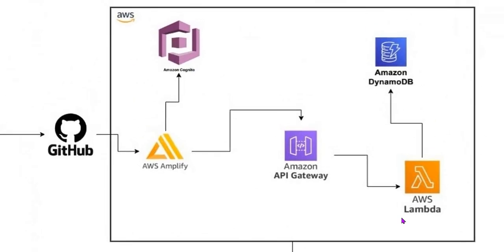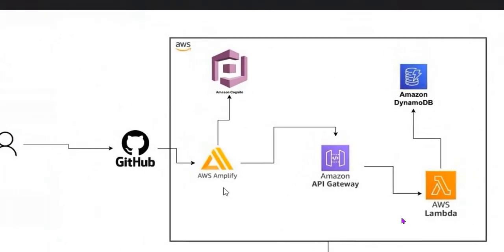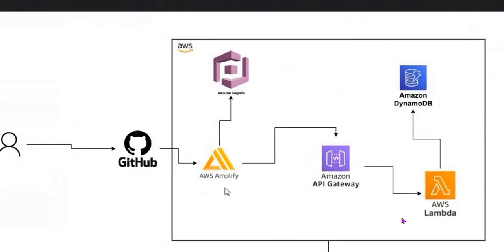I created an application using AWS Amplify, which provides a blueprint for the HTML, CSS and JavaScript of your application. I have also added security for users to log in and log out, for which I have used Amazon Cognito.